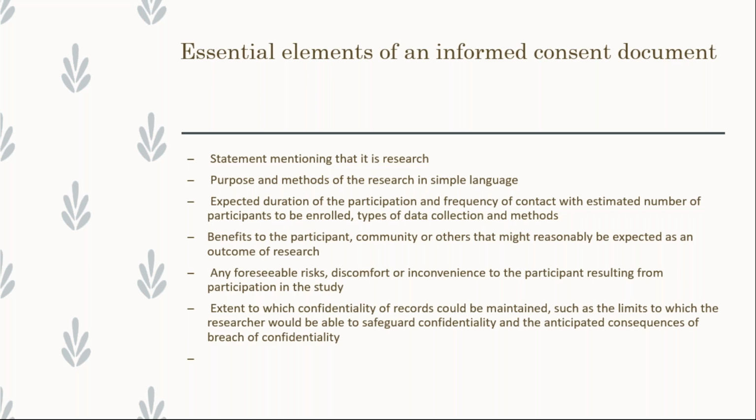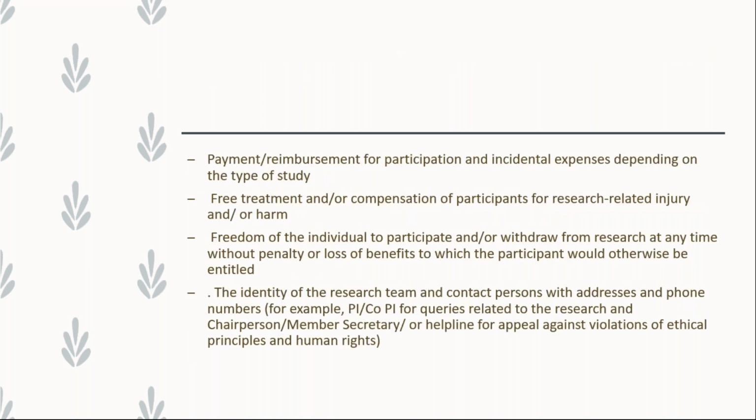The first statement itself should be that it is a research, why it is conducted, how long it has to be conducted, all the risks identified, what benefits and what harm is involved, and the contact details. All these are essential. It must be there. It is mandatory in all participant information sheets, or it has to be explained to the participant very well. So they are the essential things.